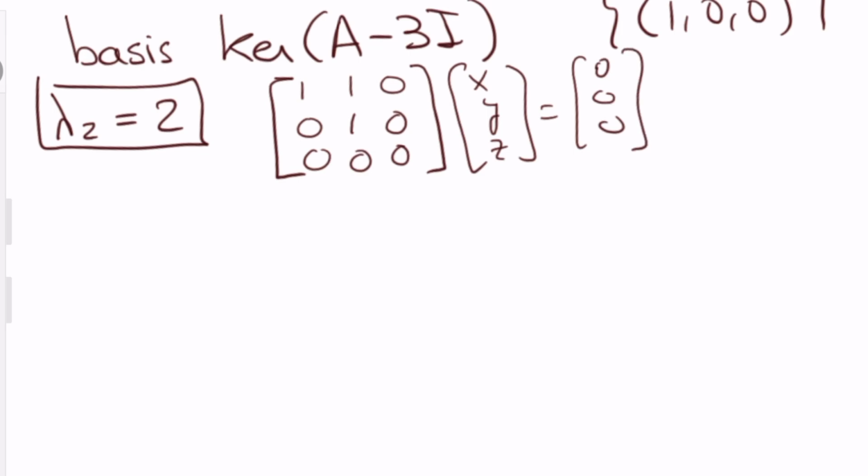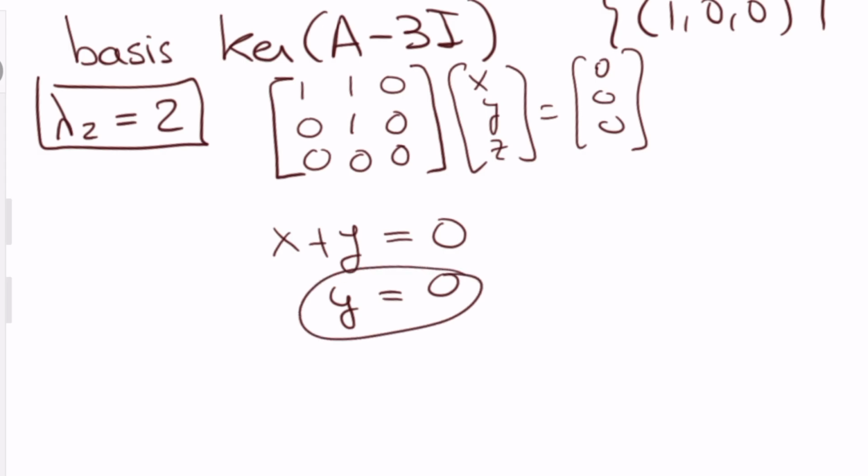And so the reduced matrix, we have it already, and from the first equation, we get that x plus y is equal to 0, and from the second one we get that y is equal to 0, and for the third one we get nothing.